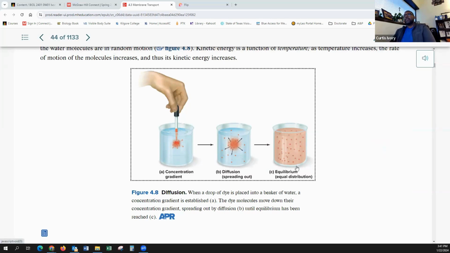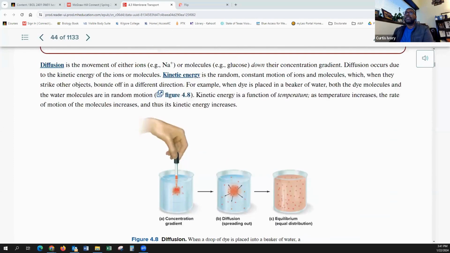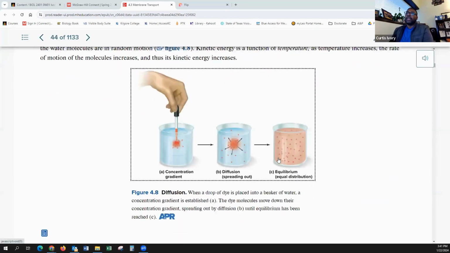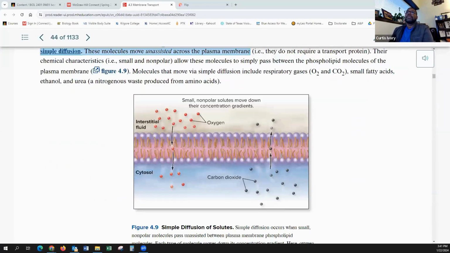Once it spreads out completely to where you can't see the difference, it's at what's called equilibrium. It went from a higher concentration and spread out to everywhere that was a lower concentration, to the point where everything is equal. So this would be diffusion essentially, or even osmosis, or really simple diffusion.